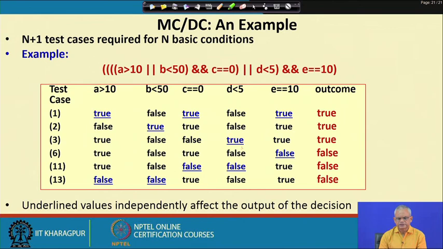Let us first look at a slightly larger example, so that we can get the idea about how to achieve MCDC coverage. We first develop the truth table and then we check that if the first one is true, then the outcome is true.